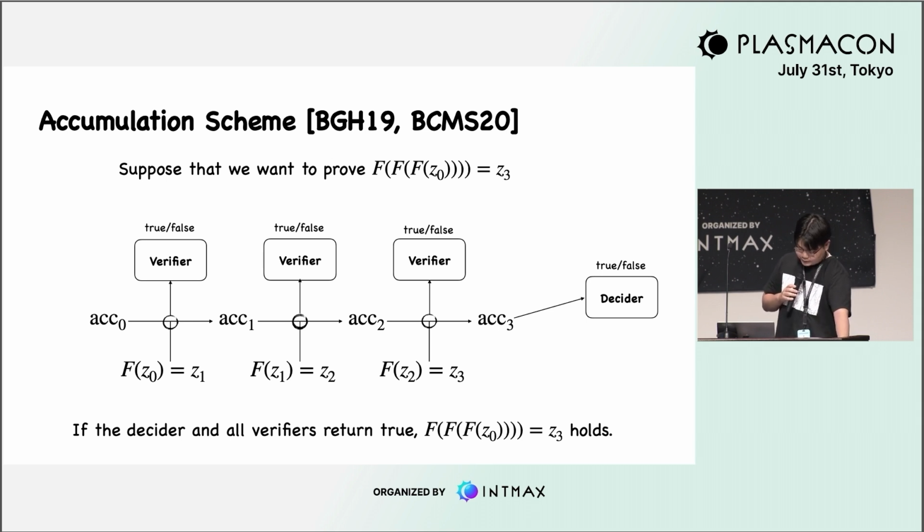It is also necessary to verify that the process of updating the accumulator is correct. When all verification passes, including the accumulator verifier and the decider, which verifies the final accumulator, it can be guaranteed that all statements are correct. So in this way, by using accumulators, verification of statements can be transformed into the problem of verification of the accumulator.